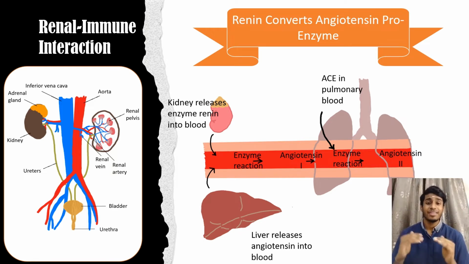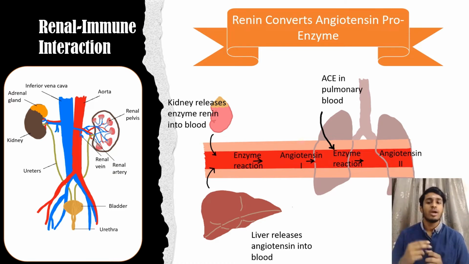The inactive precursor angiotensinogen is produced and secreted by the liver. The kidney synthesizes and releases renin when the blood pressure is low. Angiotensinogen is converted to angiotensin 1 by renin. And in the lung, angiotensin 2 raises blood pressure by producing widespread vasoconstriction, which has an immediate short-term effect.